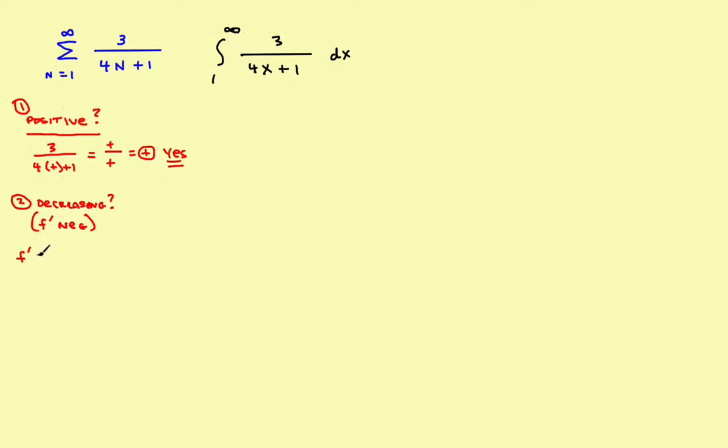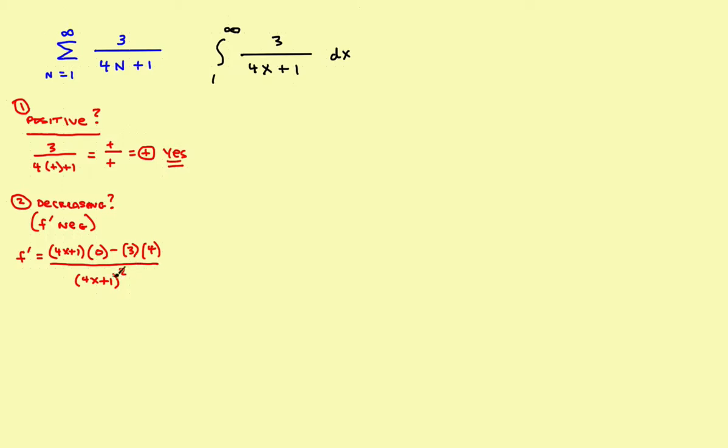So the derivative of this thing, and here you have to use the quotient rule. So it's going to be the denominator times the derivative of the numerator, which would be 0, minus the numerator times the derivative of the denominator, which would be 4, all divided by the denominator, 4x plus 1, squared.